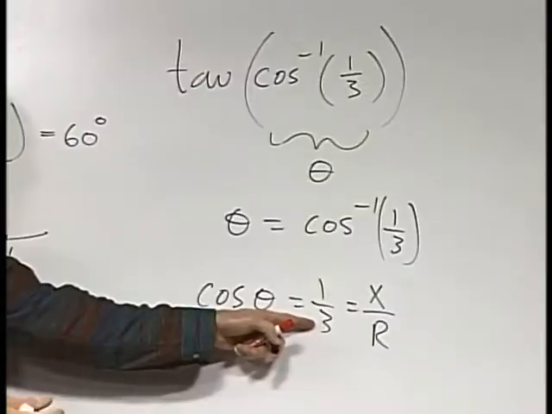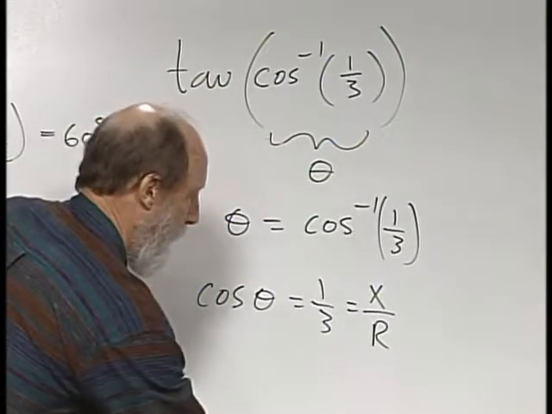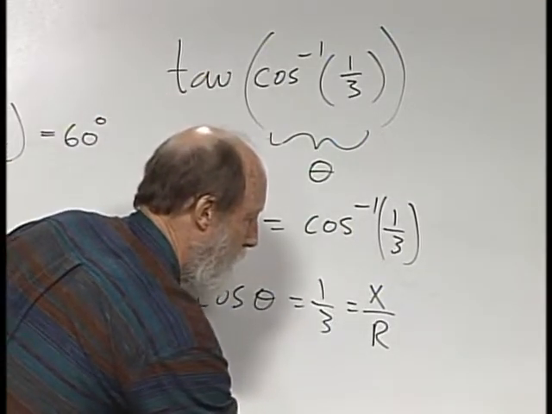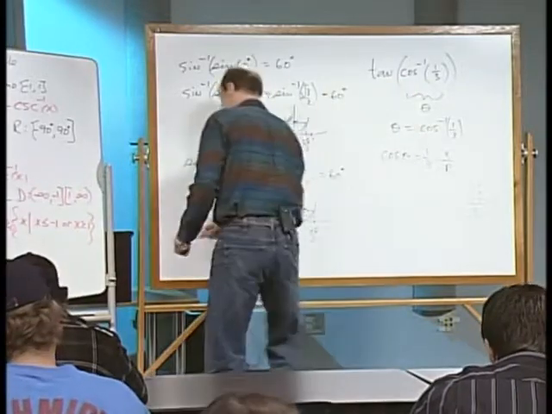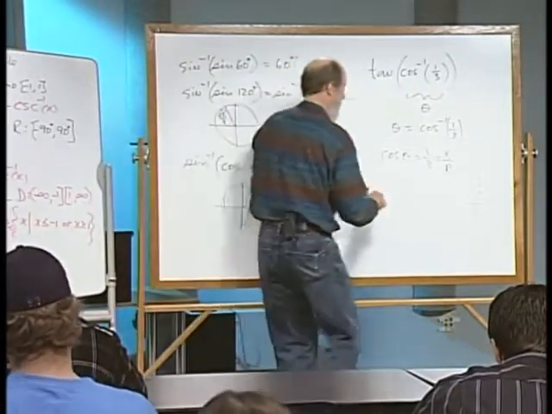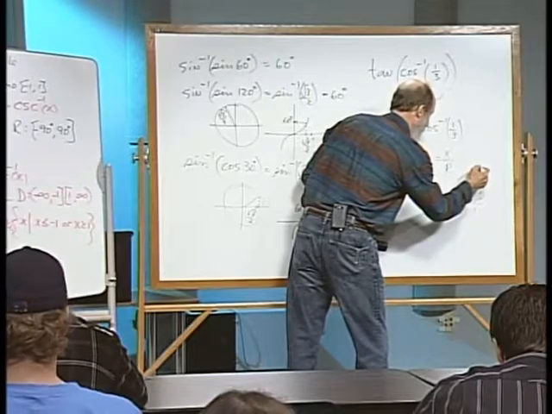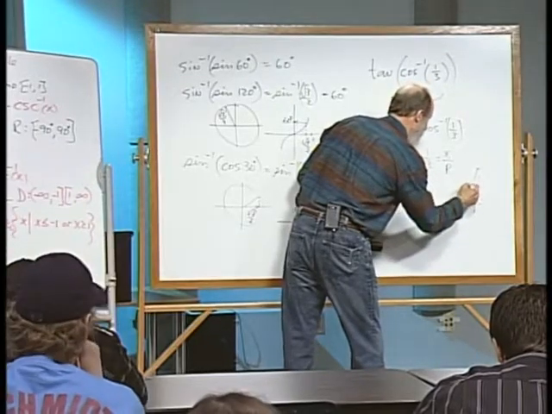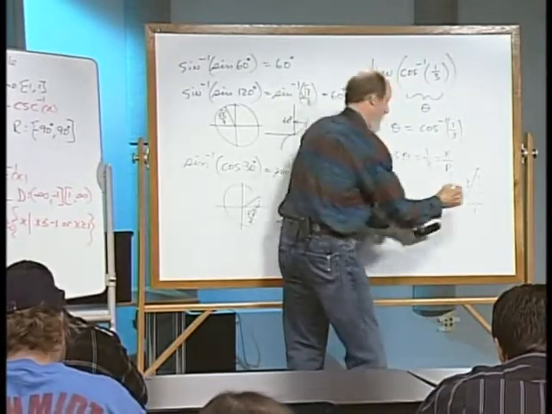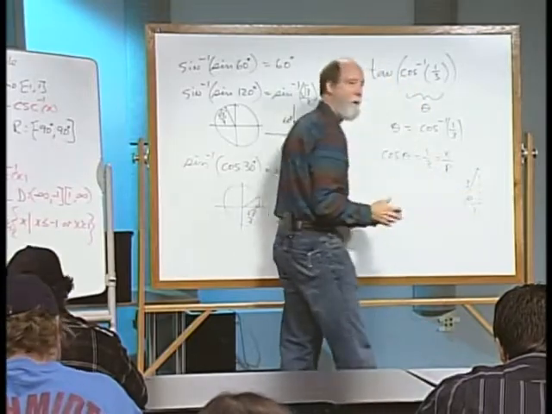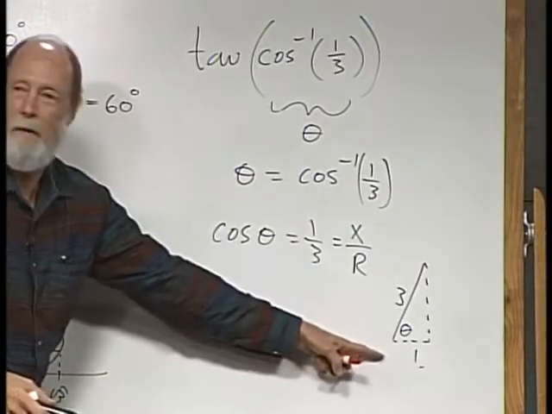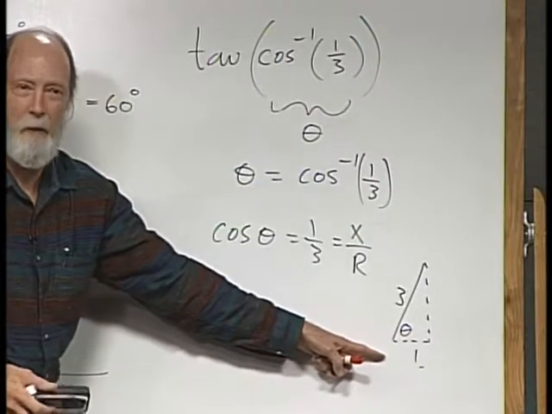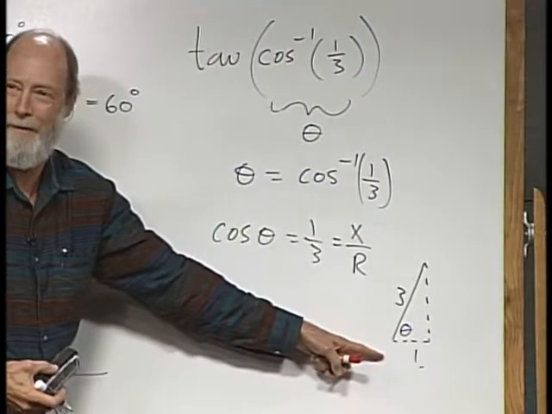X is 1, r is 3. Whoops, r is 3, not y. No, that's not going to be too bad, actually. Isn't that your ratio with theta shown right there? Right? Taking us back to the first week of the course, just about.